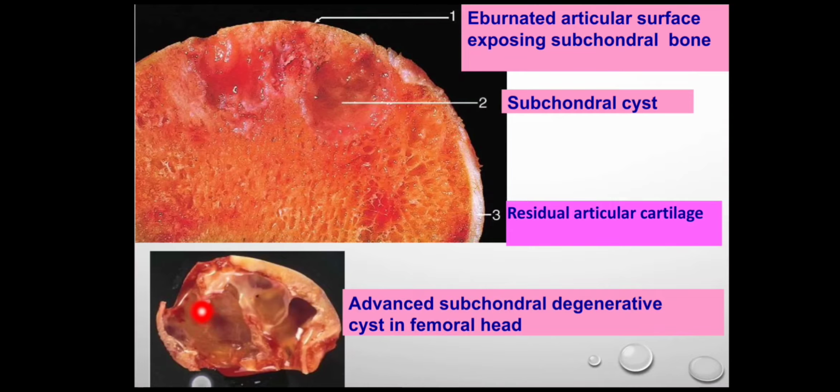So this is how eventually the bony end will have multiple subchondral degenerative cysts in the femoral head. So obviously this joint won't be able to bear the weight of the patient.